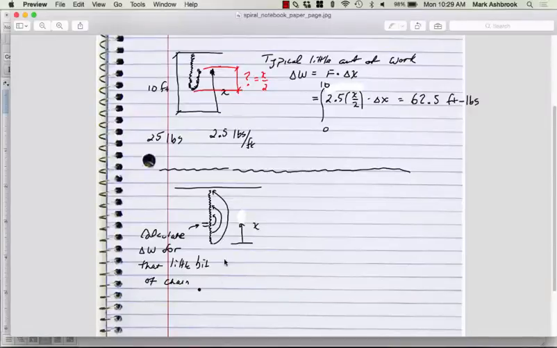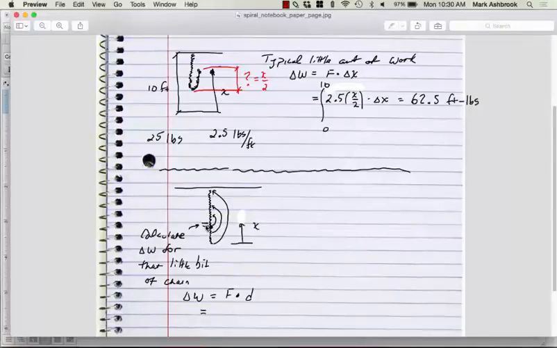All right, so delta W equals force times distance. So the force is now the weight of that little amount of chain. How much does that little bit of chain weigh? 2.5x?